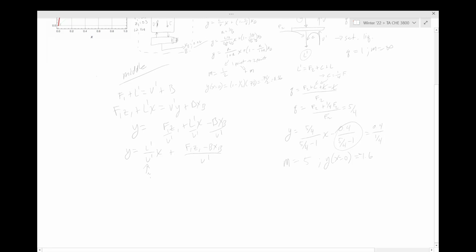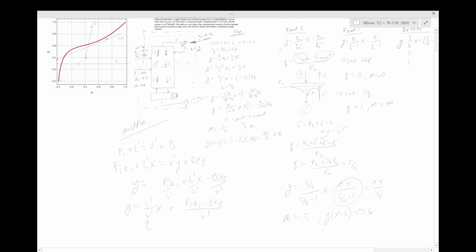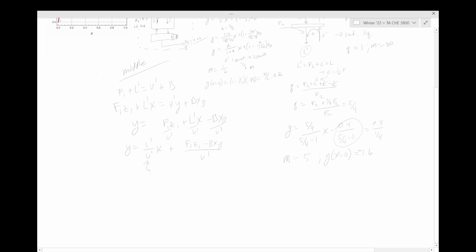But what we can do is make the assumption that it crosses the y equals x line, the green line. If we make the assumption that it crosses the y equals x line, we can solve for 1 point. We're saying that y equals x. This gets translated to y equals the slope term times x plus all this down here.